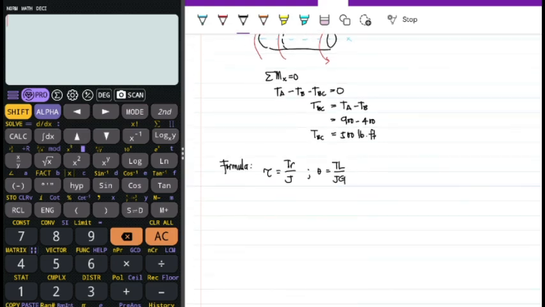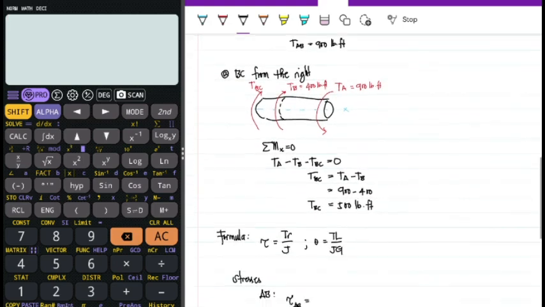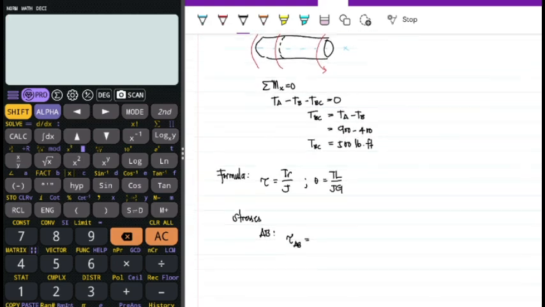Now, please be mindful. Although the resulting value of 500 is positive, remember that when we do force summation, if you say going to the right is positive, and the resulting answer is positive indeed, then the unknown force is indeed going to the right.